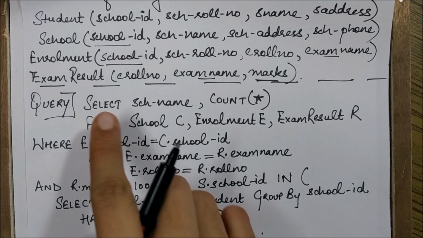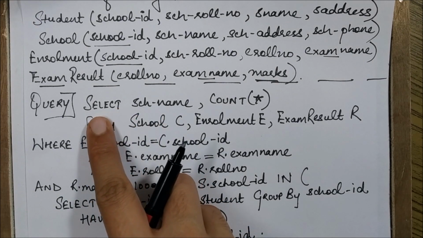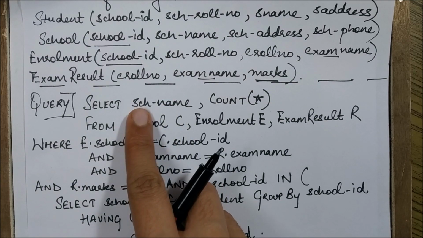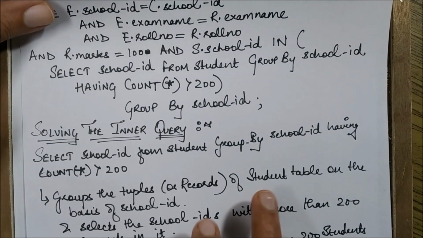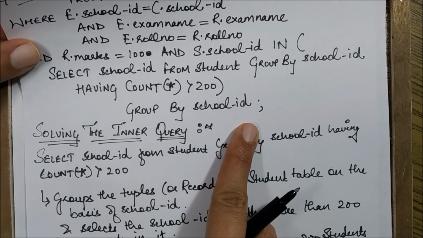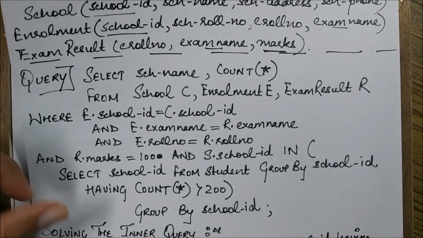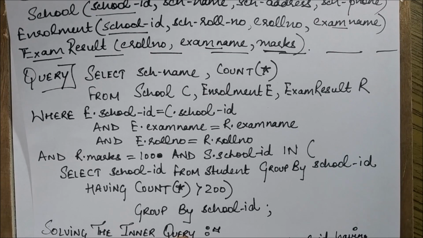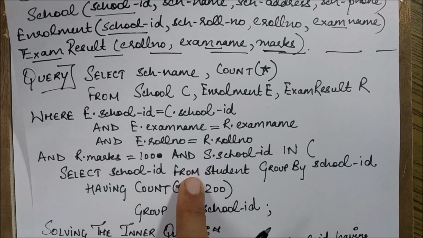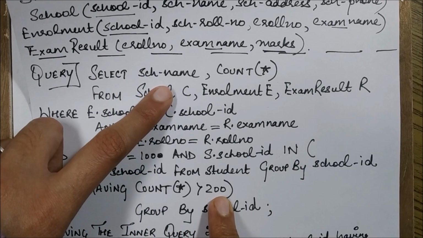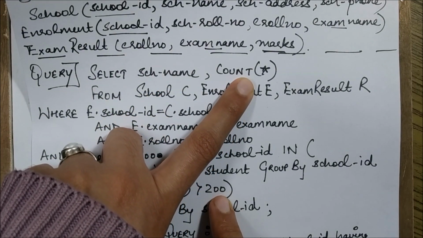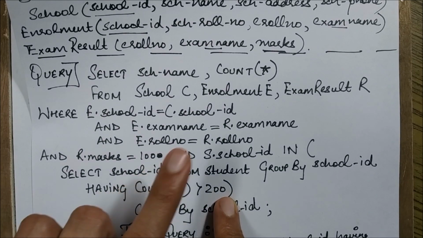Right? And what are we finally presenting? We are presenting select SCH name, school name, comma, count star. And finally we have group by school ID. So for every school where the number of students is more than 200, this comes from here, we print the school name and the number of tuples where we get the marks equal to 100.